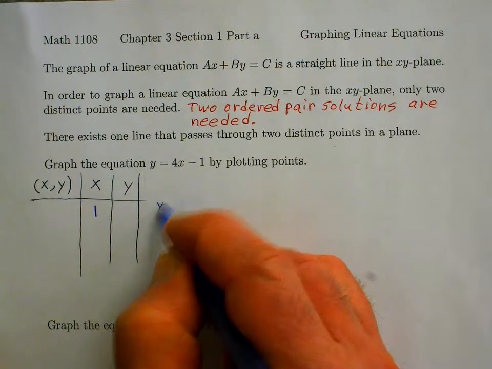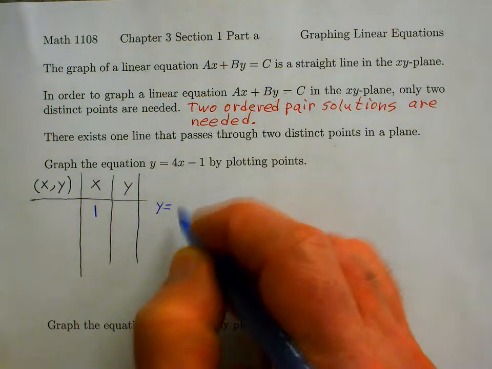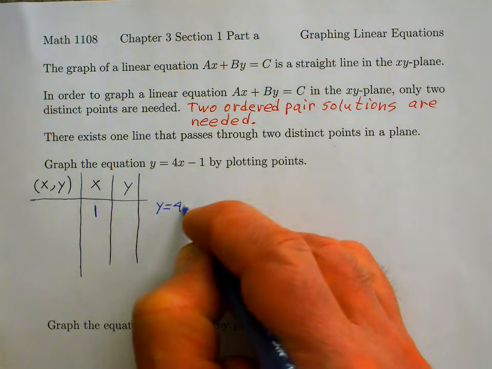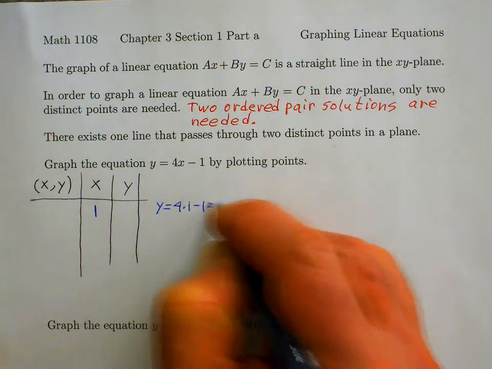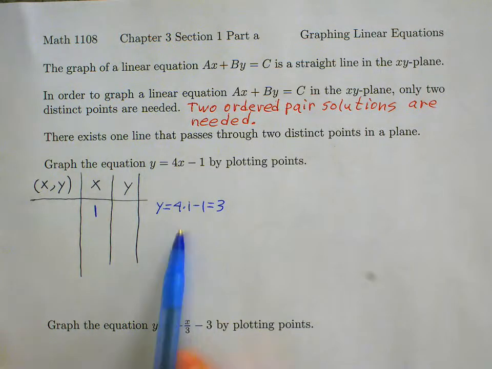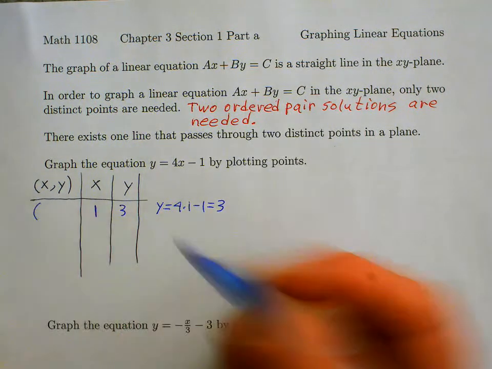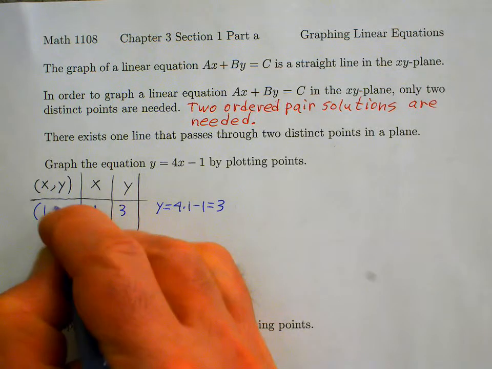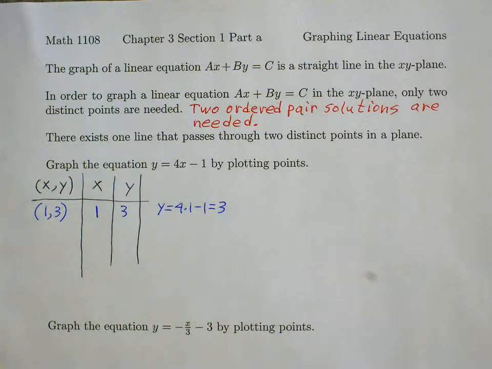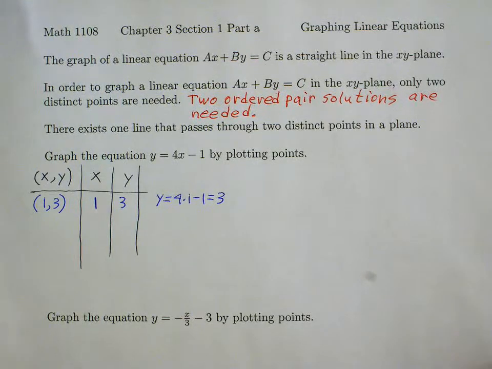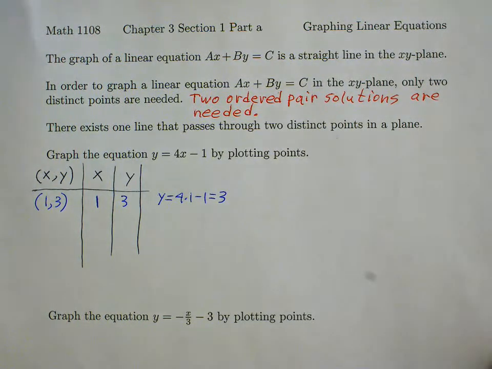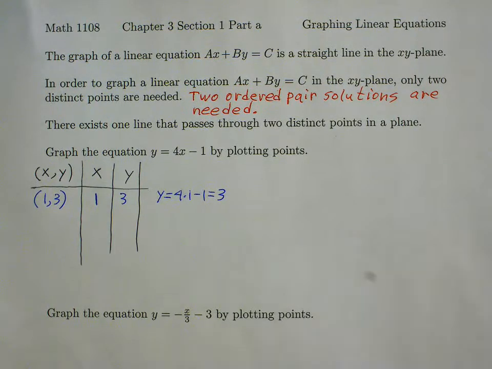Then in the equation, replace x with 1, so we get y equals 4 times 1 minus 1, which simplifies to 4 minus 1, or 3. So we can use the ordered pair 1, 3 as a point on that line. Now all we have to do is find one more point, one more ordered pair.